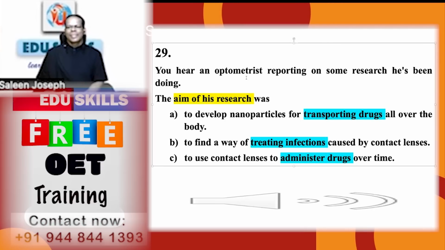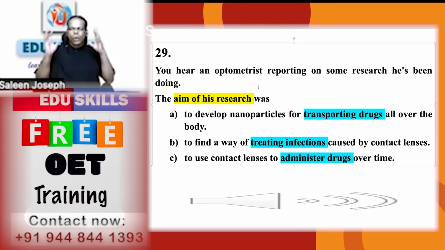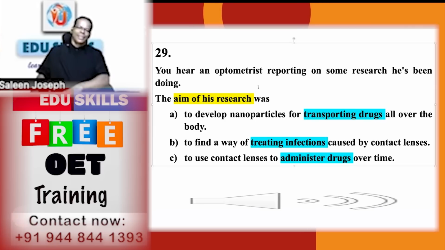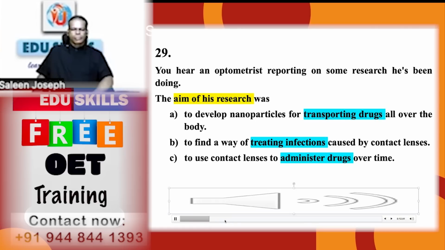On eye. Yeah, something related to eye. So that is what we call foreseeing. The first method, first step, foreseeing. So as soon as this context says optometrist is doing a research, something related to eye, health of eye. Eyes and eye health. Okay? So just listen. When you hear an optometrist reporting on some research he's been doing.